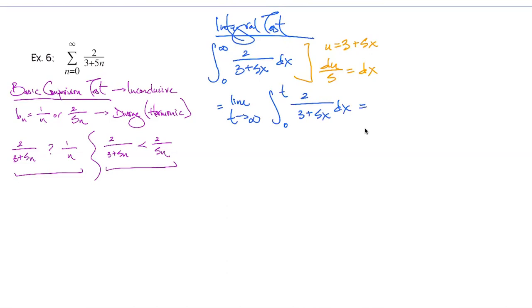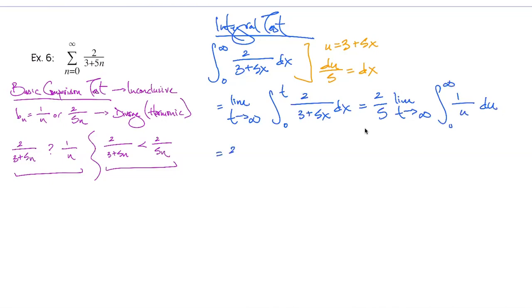And that's going to give me 1/5 after my u sub, actually, let's make that 2/5, the limit as t approaches infinity of the integral of 1/u du.